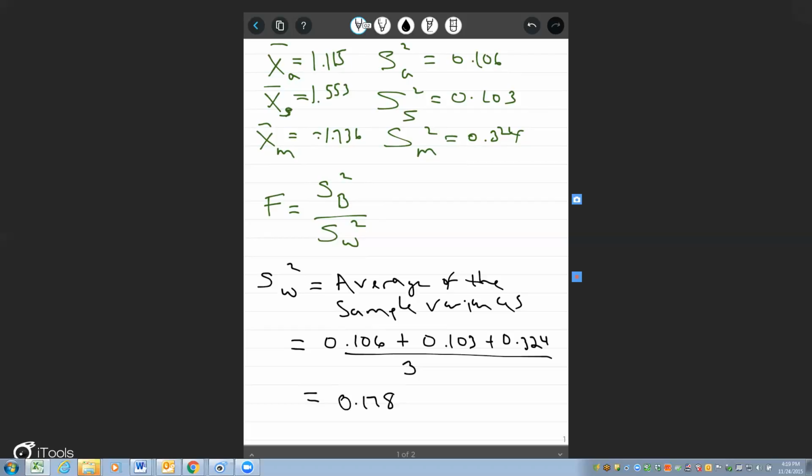So we took the average of these three. So the average here gives S sub W squared.